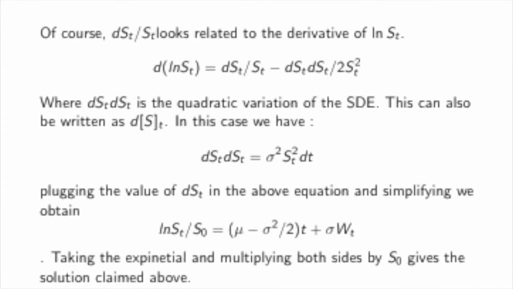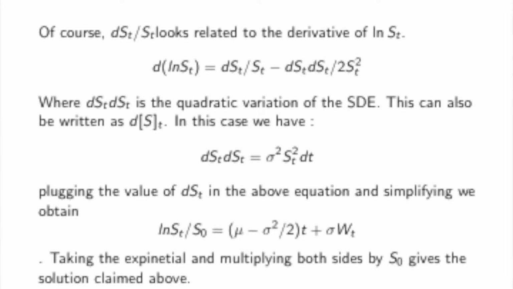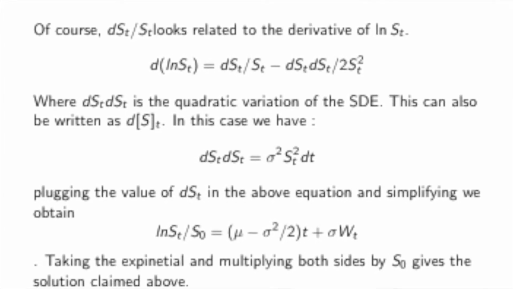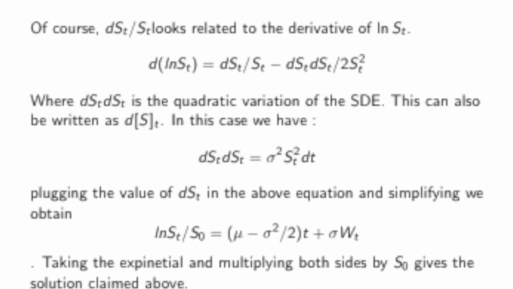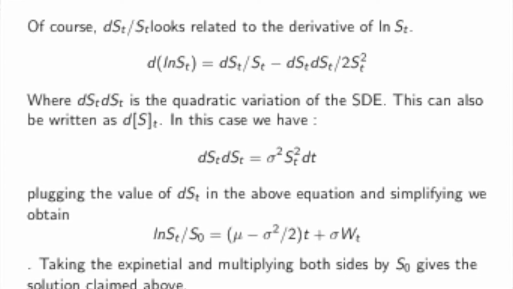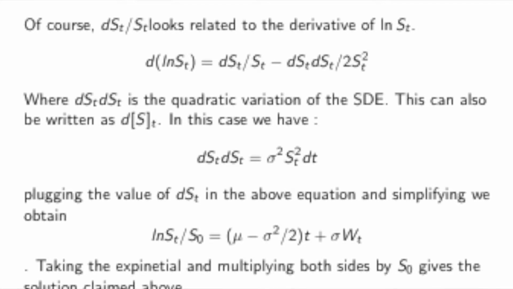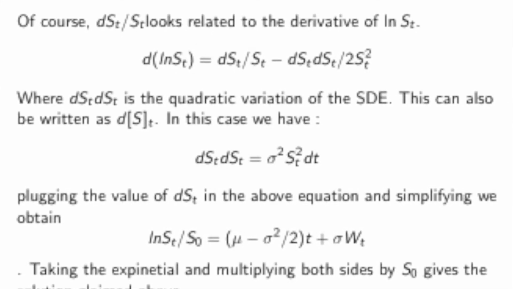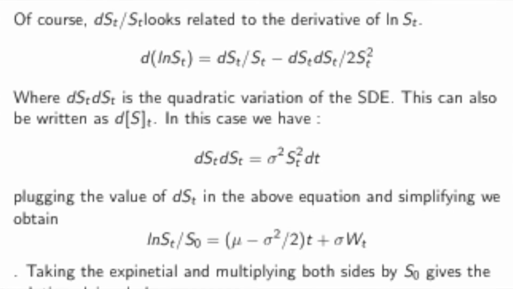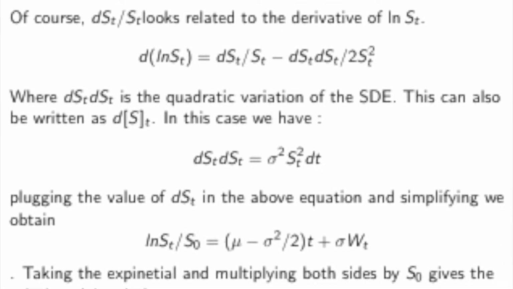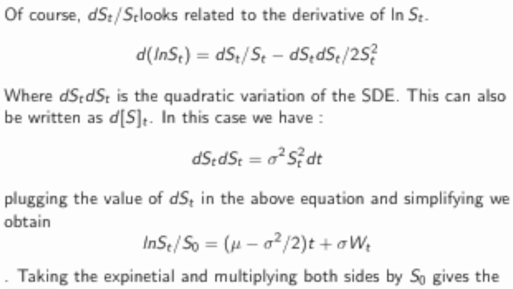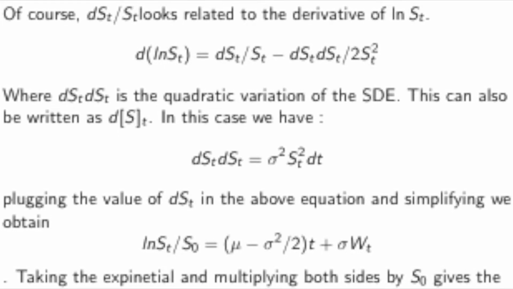Of course, the derivative of S over S looks related to the derivative of the natural log of S. With substituting the quadratic variation of the stochastic process, simplifying and taking the exponential, then multiplying both sides by S0, we can obtain the claimed solution.